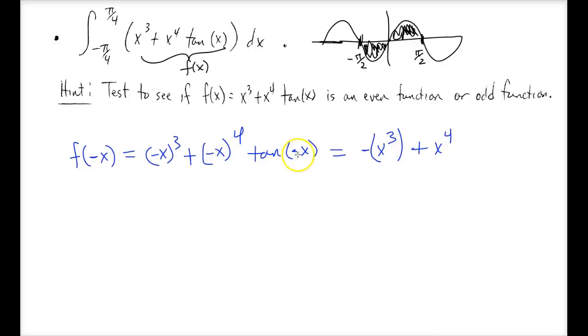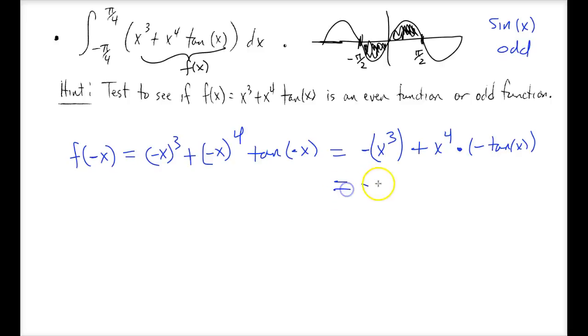But tangent is an odd function because we know tangent is comprised of sine and cosine. In particular, tangent is sine x divided by cosine x, and sine x is an odd function like what we have just described here. Okay, so that makes tangent odd.